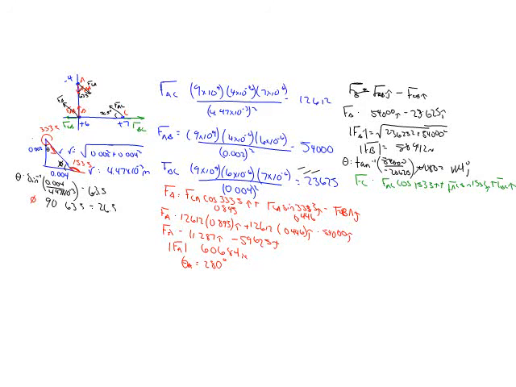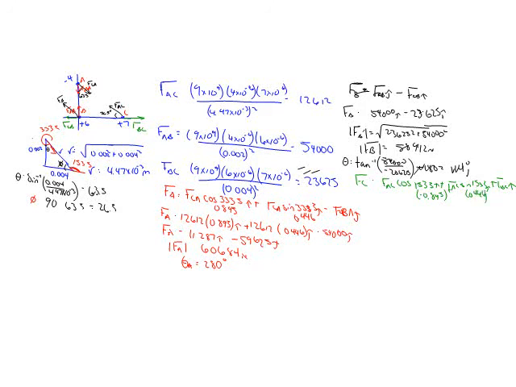Let's simplify these a little bit so it looks nicer when we put them in our calculator. Cosine 153.5 is negative 0.895. And then this one, sine, have a feeling what that is. Yep. 0.446. So those numbers pop up again, which makes sense.